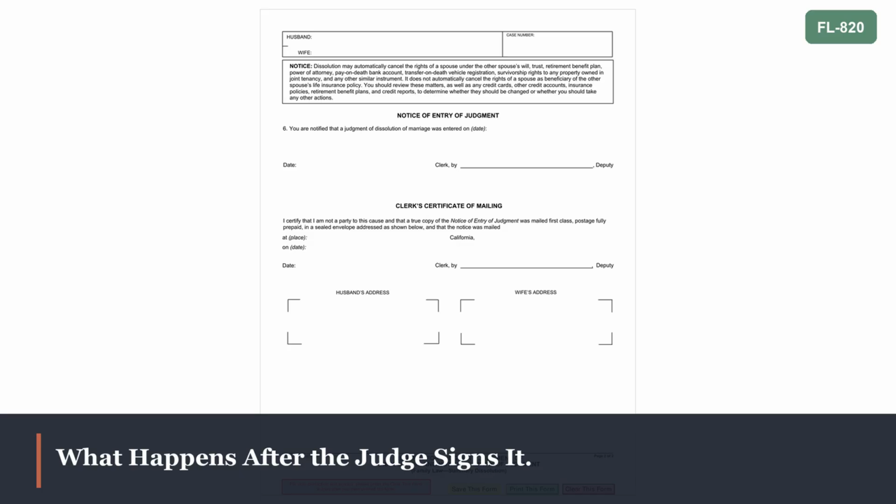Dissolution can automatically cancel a spouse's rights under the other spouse's will, trust, retirement benefit plan, power of attorney, pay-on-death bank account, transfer-on-death vehicle registration, and joint tenancy survivorship rights. It does not automatically cancel rights as a beneficiary of the other spouse's life insurance policy. The notice recommends reviewing these documents, along with credit cards, other credit accounts, and credit reports, once the dissolution is final.